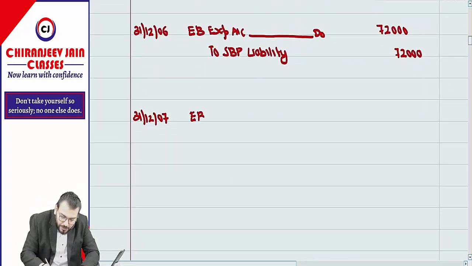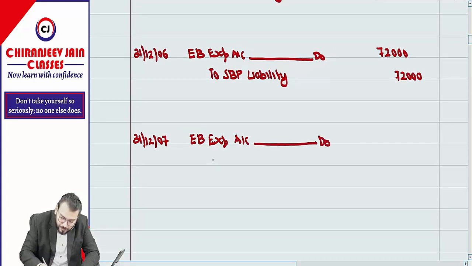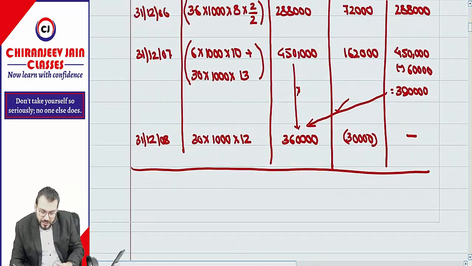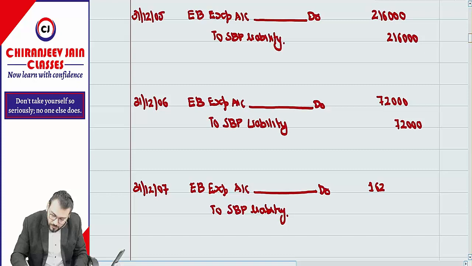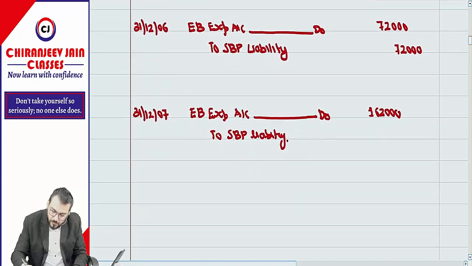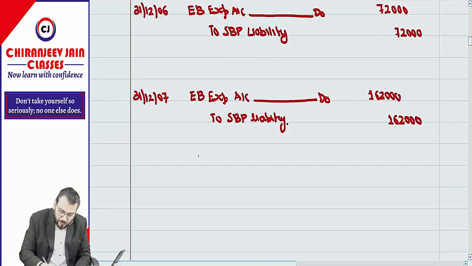It will be EB expense account debit to SBP liability. How much increase is it? 1,62,000.